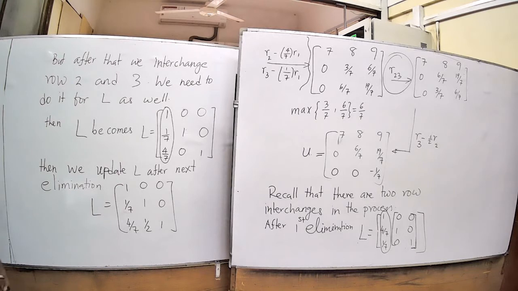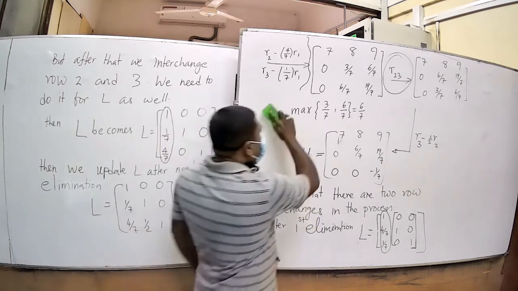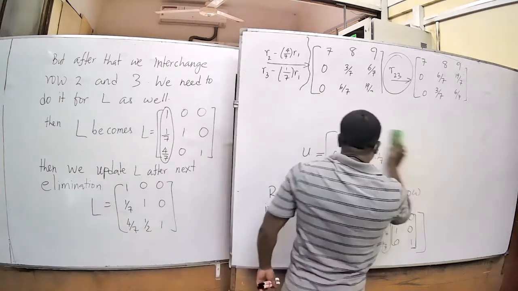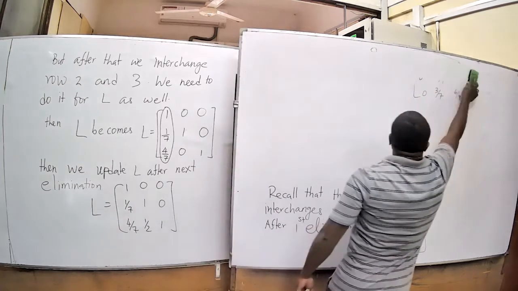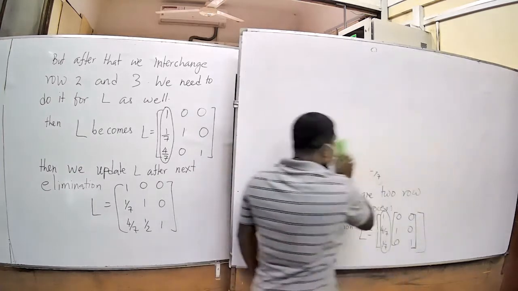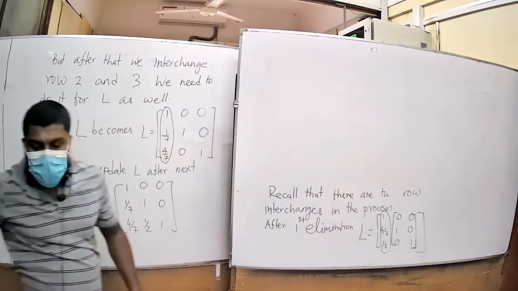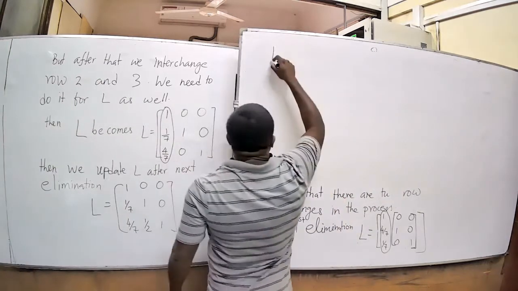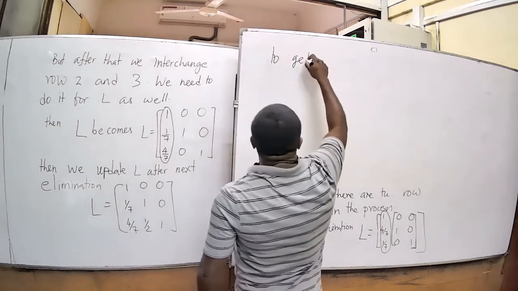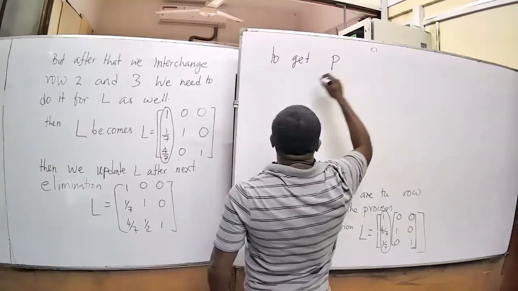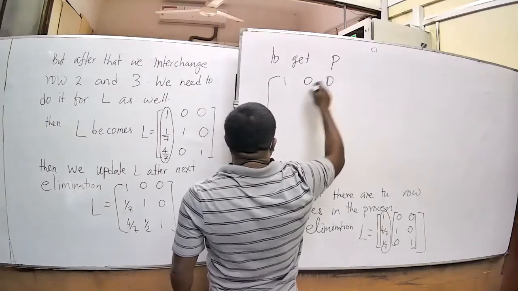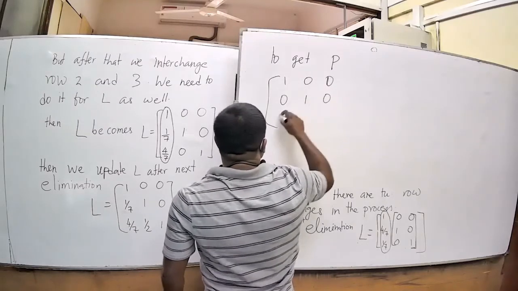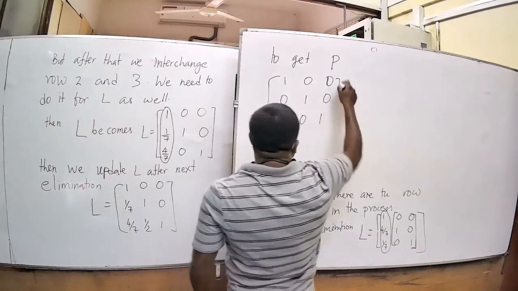And then P is this. To get P, you start with I: 1 0 0, 0 1 0, 0 0 1.